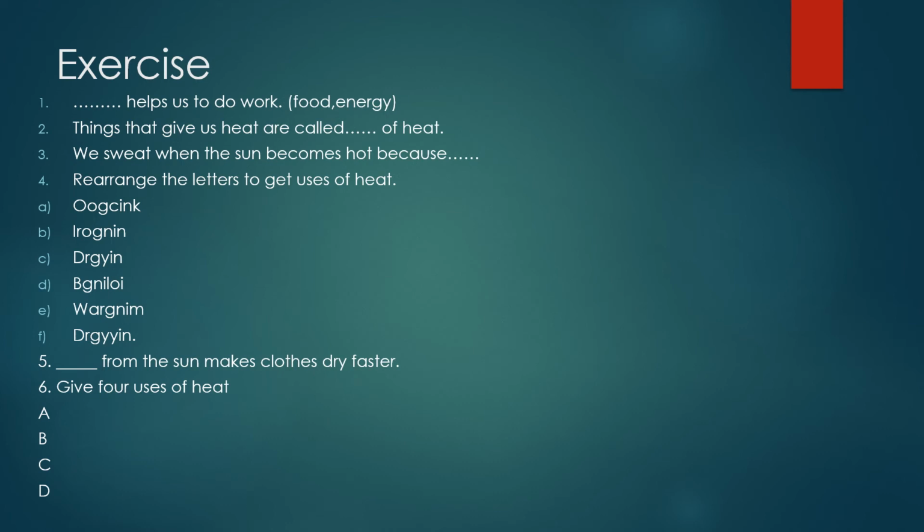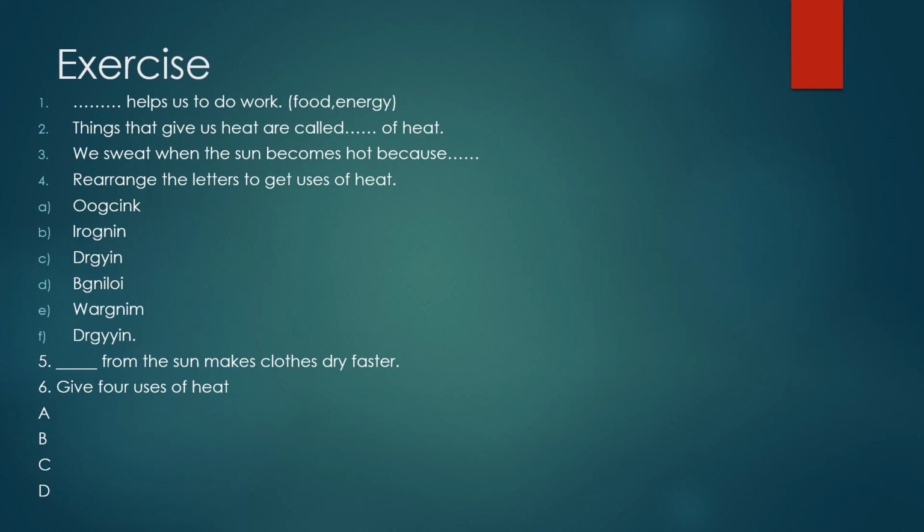Then C, the letters are D, R, G, Y, I, N. Those letters will make the word drying. We use heat to dry clothes, and to dry grains like maize, beans, wheat, groundnuts, and even peas.